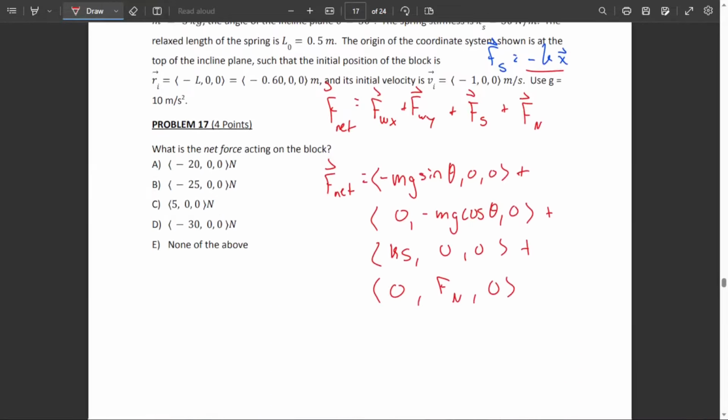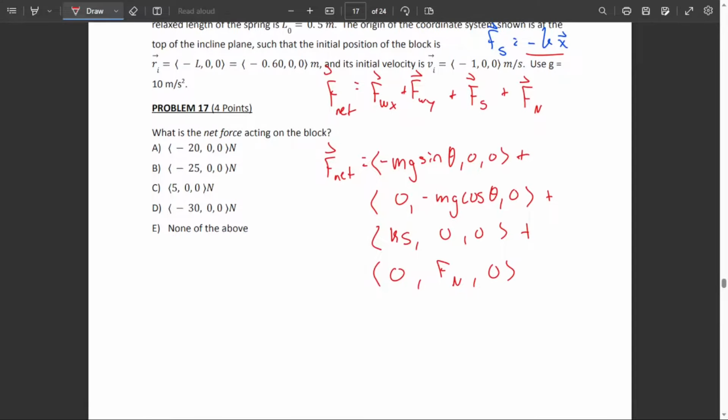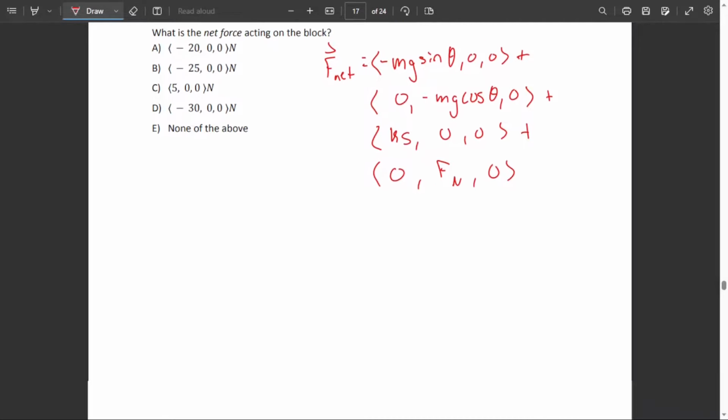I don't think in this question we actually need to calculate that. Actually, with that being said, we can see all of our answers have 0 as the y component. So, calculating the net force, I'm just going to ignore the y component and we're just going to focus on the x component.